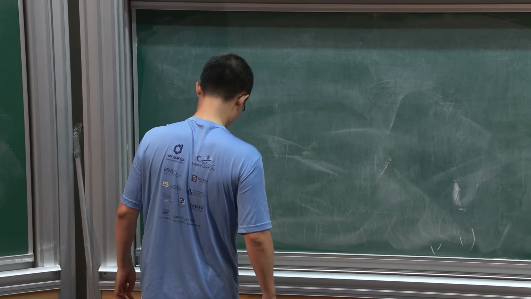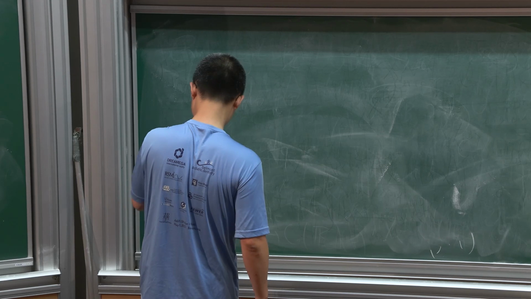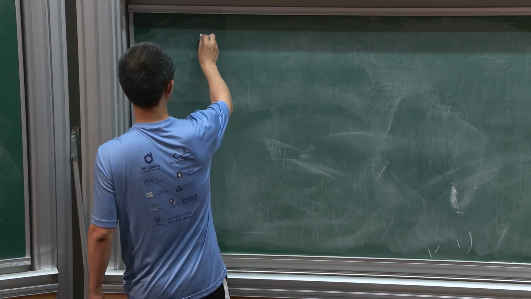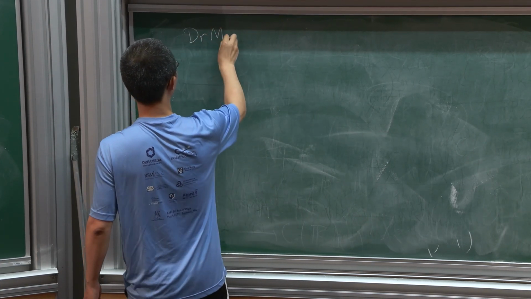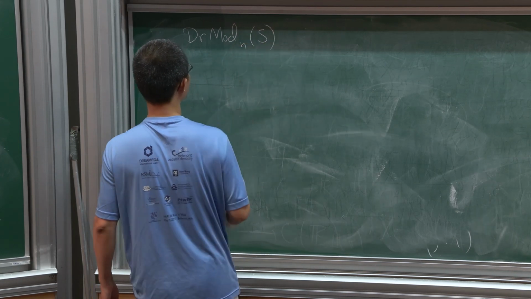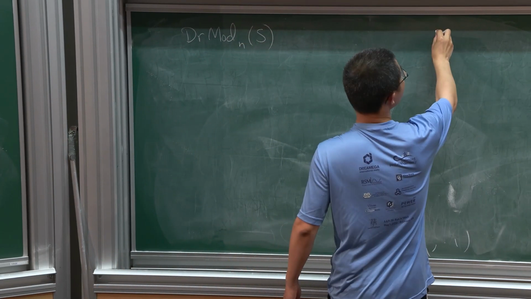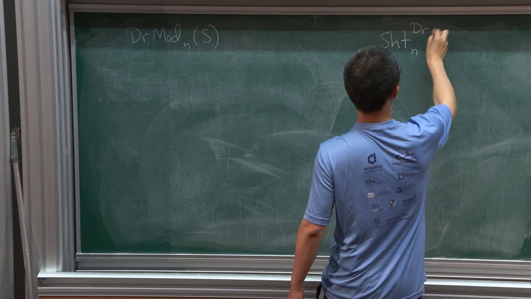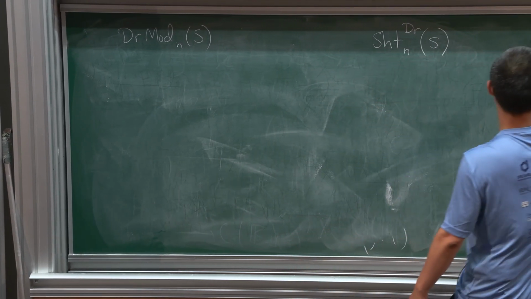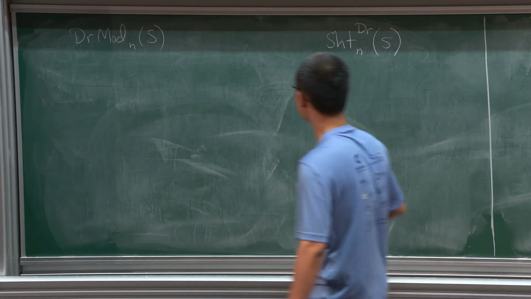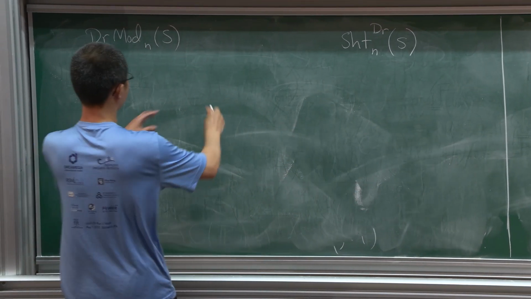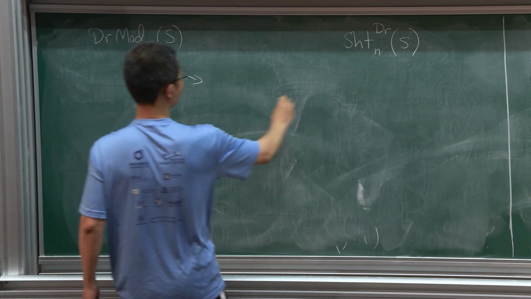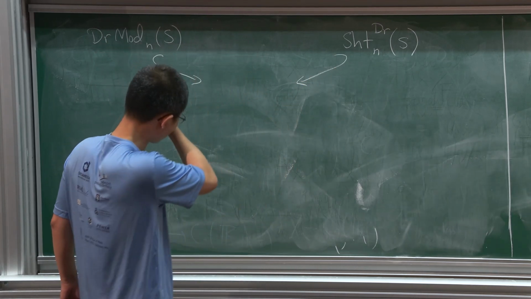Yeah, so okay, Drinfeld modules of rank n on the one hand, and Shtukas of rank n of a special kind, they both embed as full subcategories into something more elementary.